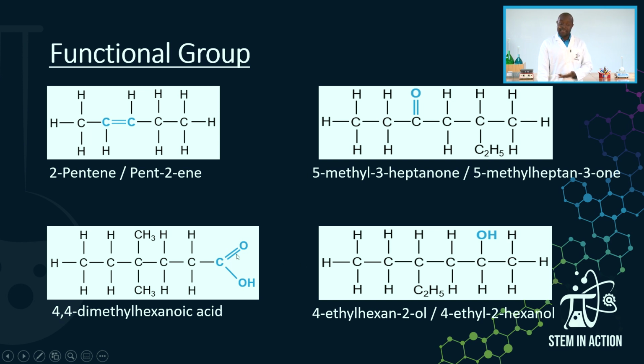And because of that, the carboxylic acid allows for stronger intermolecular hydrogen bonding than is allowed for in the hydroxyl group. The ketone group, there is no hydrogen attached to this oxygen.